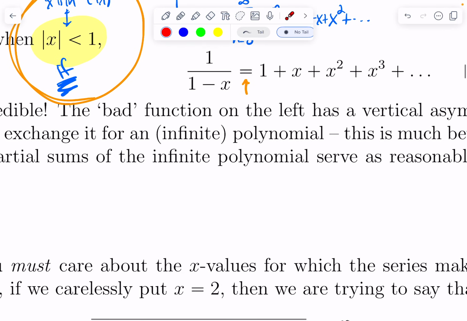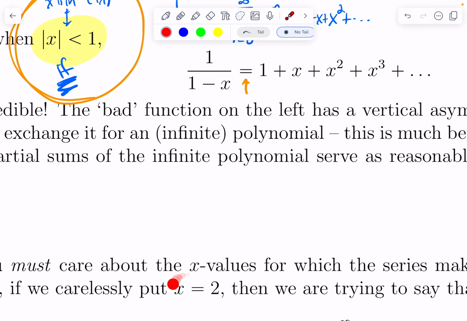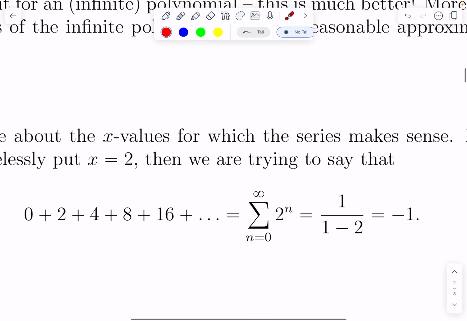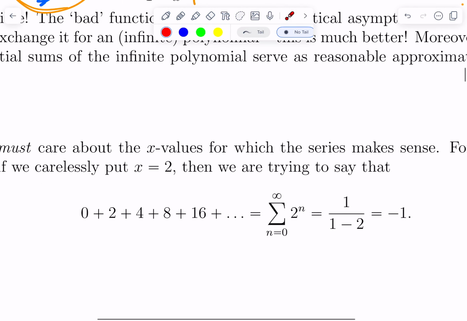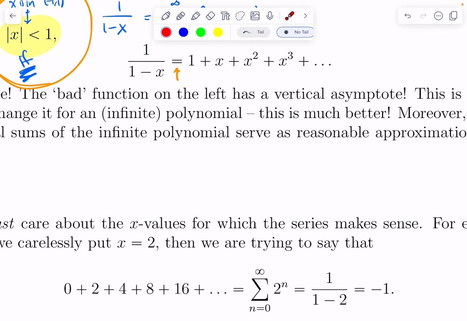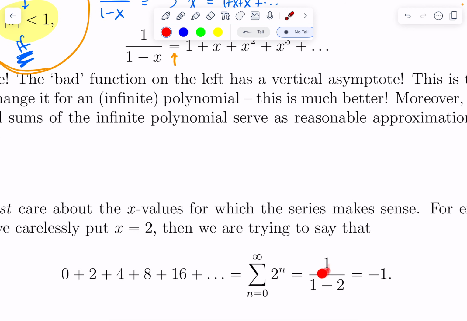Let's take x equals 2. Let's see what this equation is telling me. This equation is telling me that if I add up all the powers of 2, which is this series here, according to the identification up here, that should be equal to 1 over 1 minus x. So here we have it, 1 over 1 minus 2, which is clearly -1.